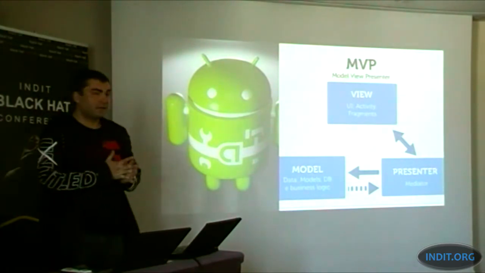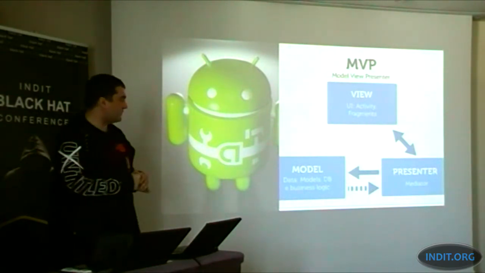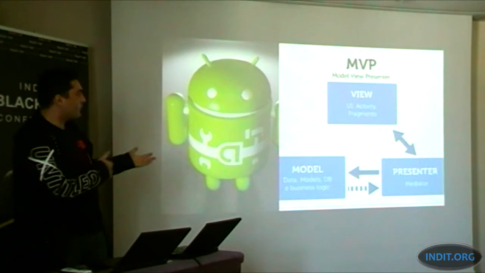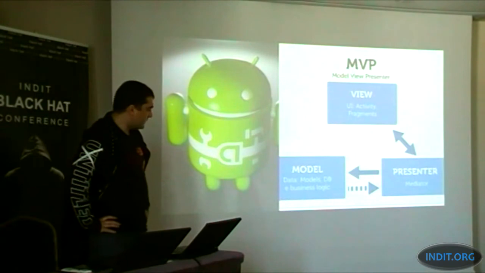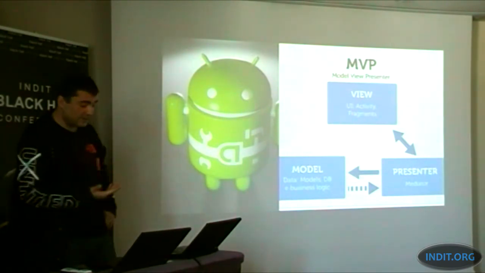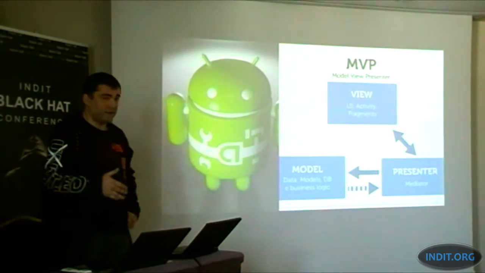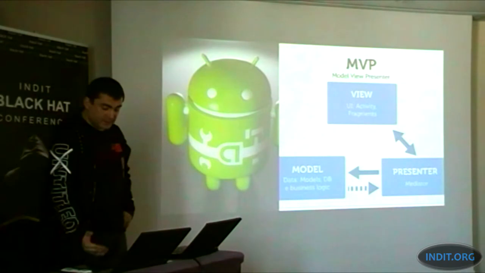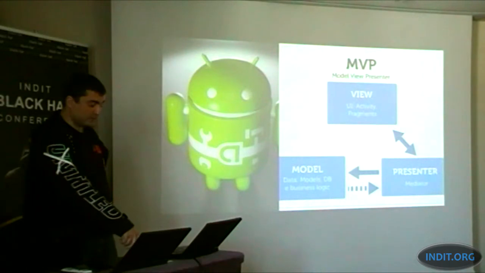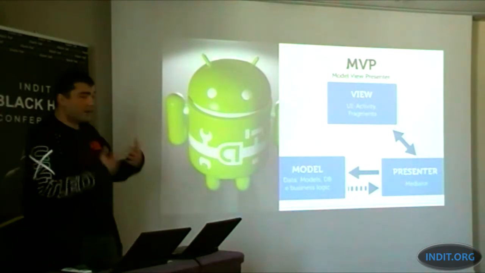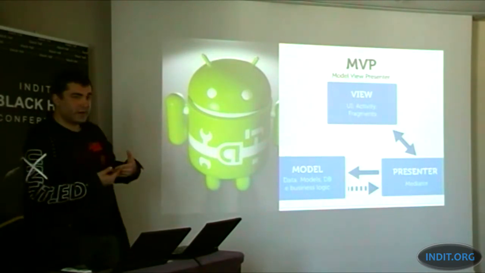So, what exactly does an application for Android look like? Android applications are built on the MVP model, which means Model View Presenter, which, without a lot of technical details, means that whenever there is an application, there is a database connected to it, either locally on the device or on a remote server. There are scripts which interact with this data, which are in the presentation layer, as shown there, and part of them are shown to the user as a UI.